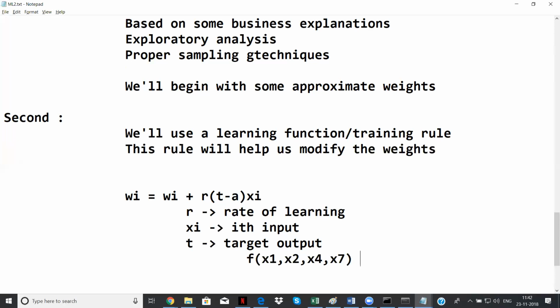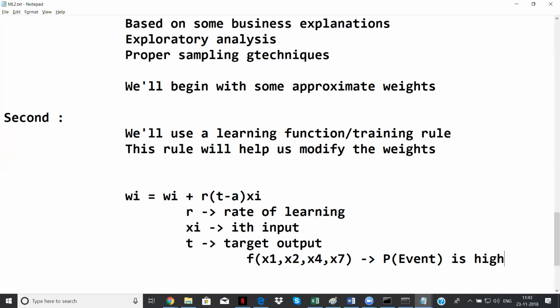You know that this definitely will give me a high probability of the event. So you know that there are certain parameters x1, x2, x4 and x7 which will definitely give me a high probability of my event.